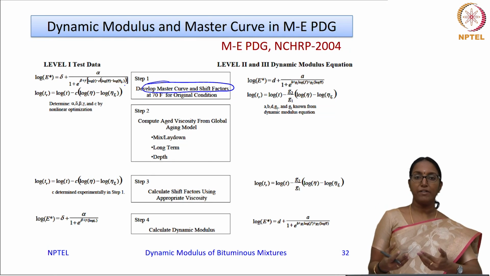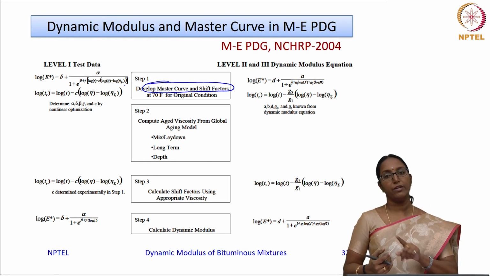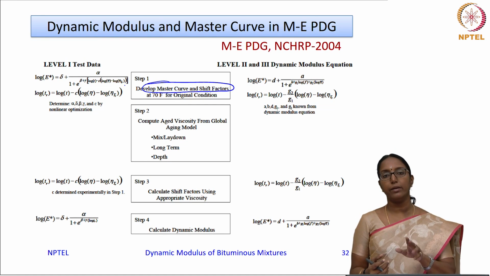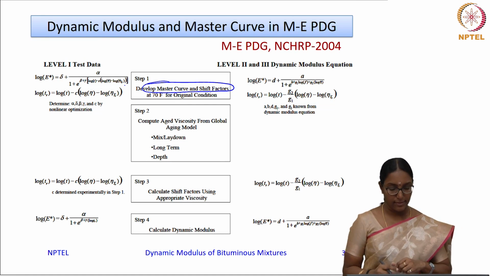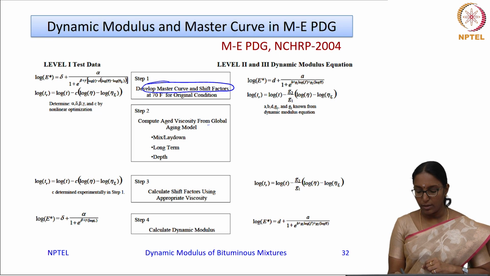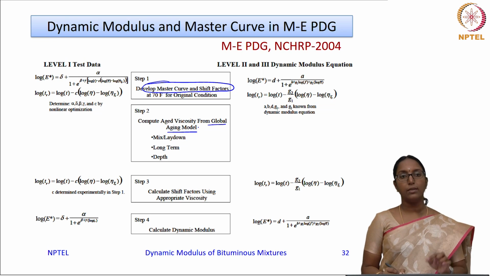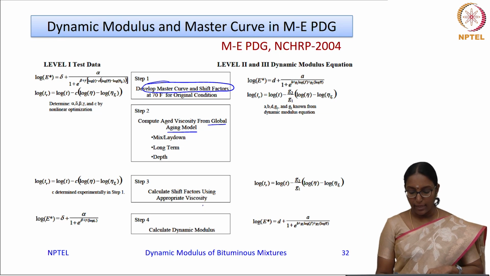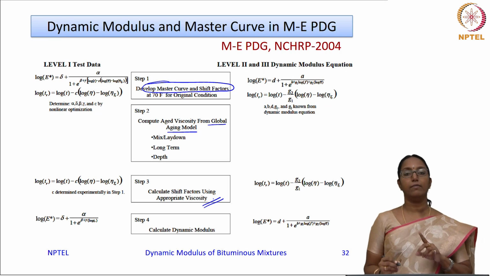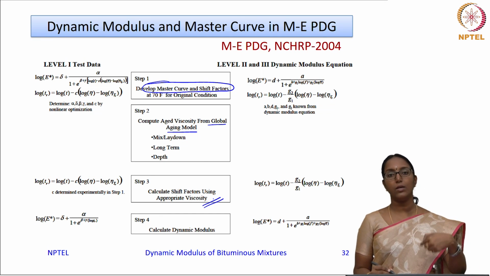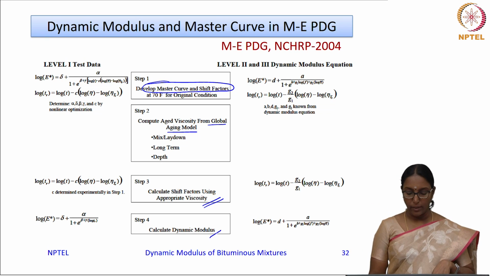So, the effect on the pavement will be different if it is an aged material. This also can be incorporated in the mechanistic empirical analysis. They use a global aging model, which is also incorporated. Using those models, you calculate the appropriate viscosity change in the material if it is aged, and then that viscosity will be used to calculate the dynamic modulus.